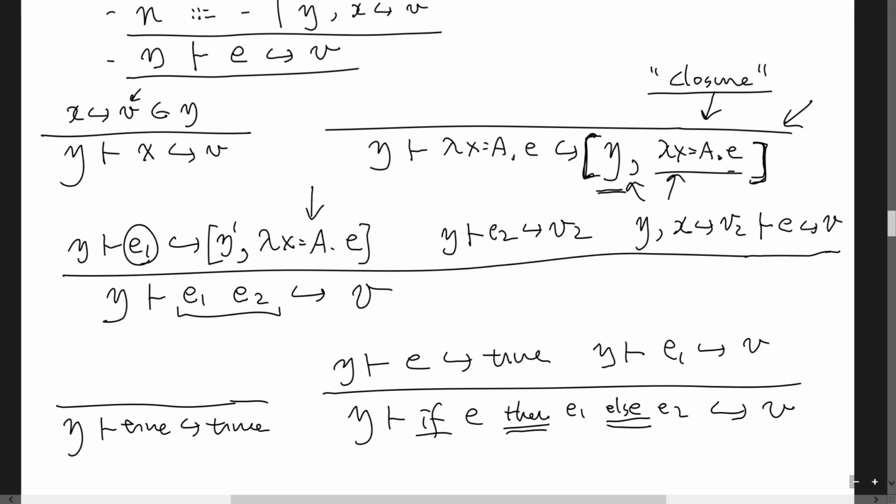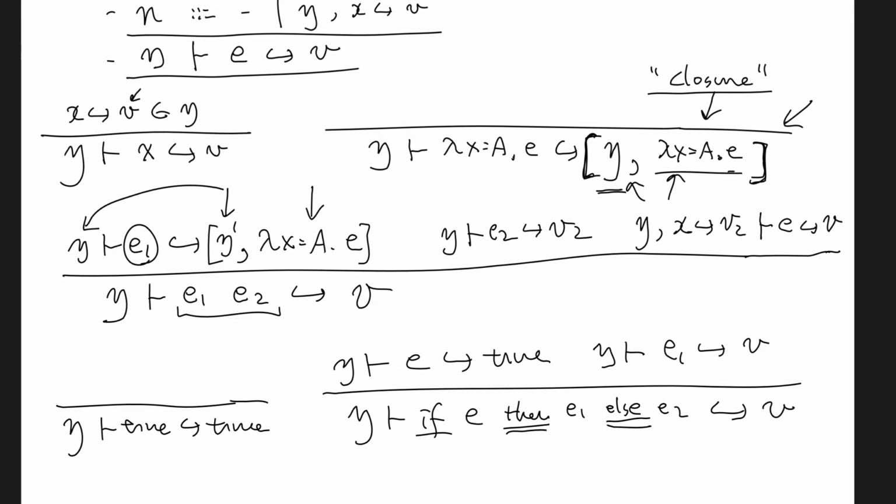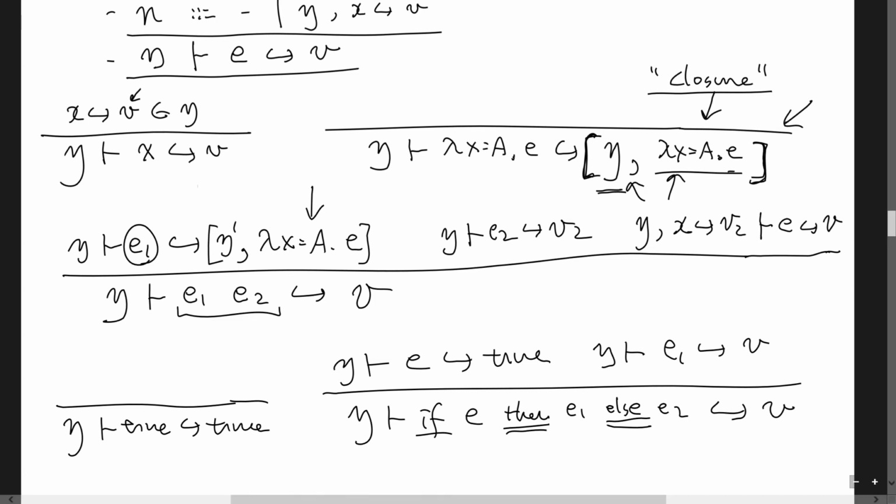Notice that this environment is not necessarily the same as this one, which implies that we can actually create new functions on the fly when we evaluate an expression. So in general, this environment is not the same as this one. So we have to use a different meta variable. So here we use eta prime. So the result of evaluating expression E1 is now this closure.